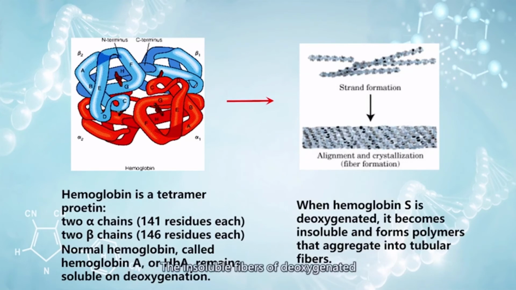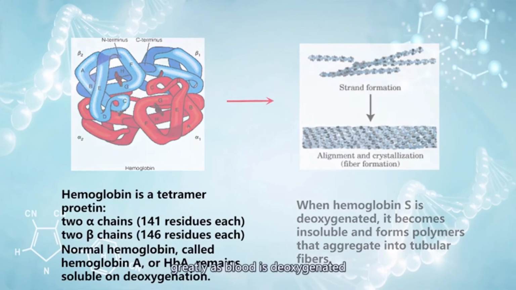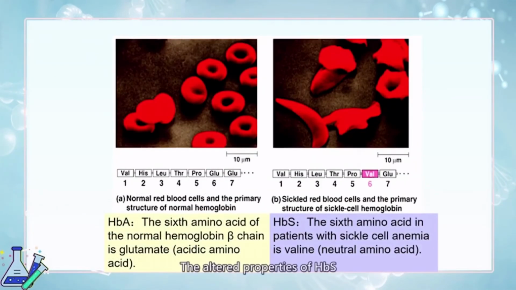The insoluble fibers of deoxygenated HbS cause the deformed sickle shape of the red blood cells, and the proportion of sickled cells increases greatly as blood is deoxygenated. The altered properties of HbS result from a single amino acid substitution.